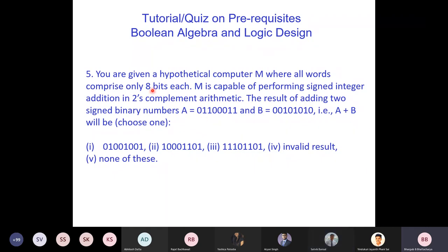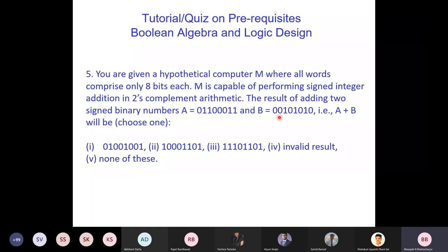Now I know that this is 2's complement arithmetic and my universe comprises 8 bits. So I won't see anything beyond 8 bits. There may be some carry flowing out, but that is out of my domain, because my word length comprises only 8 bits. So I have A and B in 8 bits, and I will see outputs also in 8 bits. Since this is 2's complement, the most significant bit of A is 0, so this is a positive number.